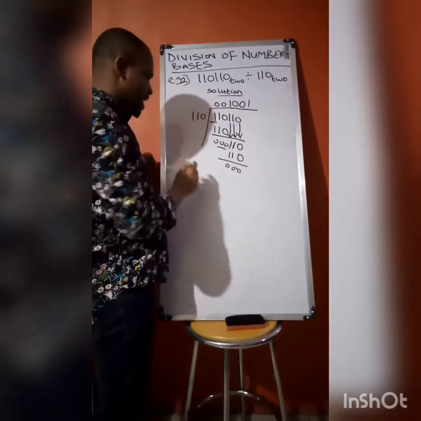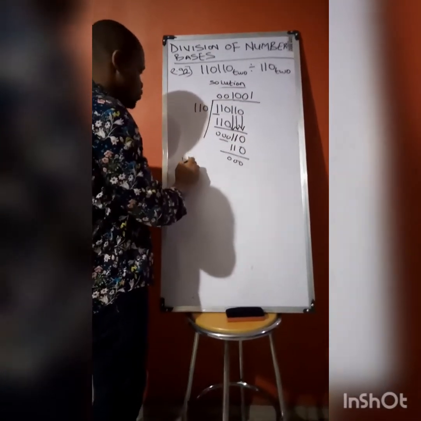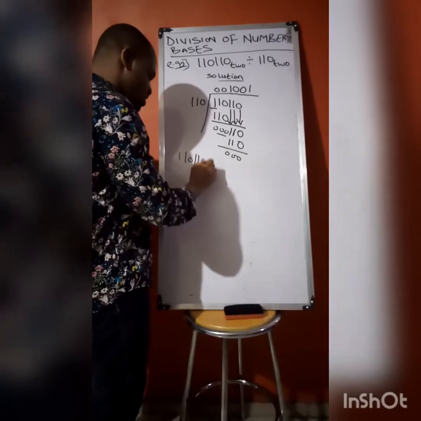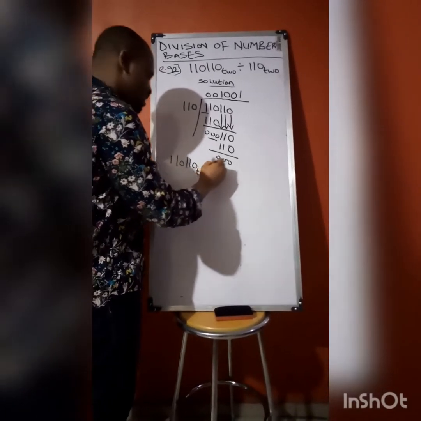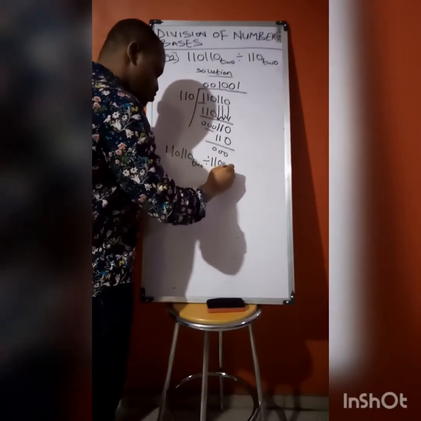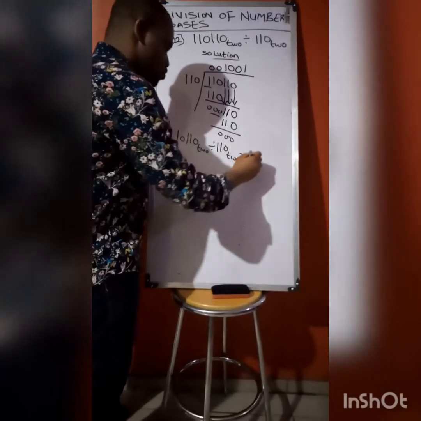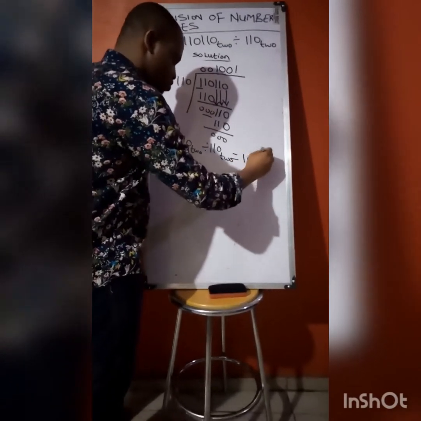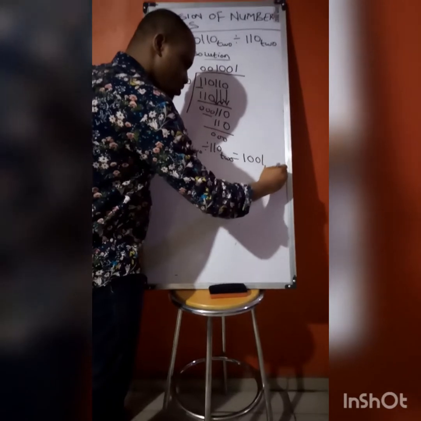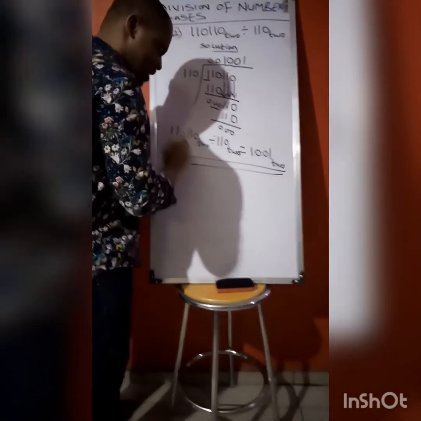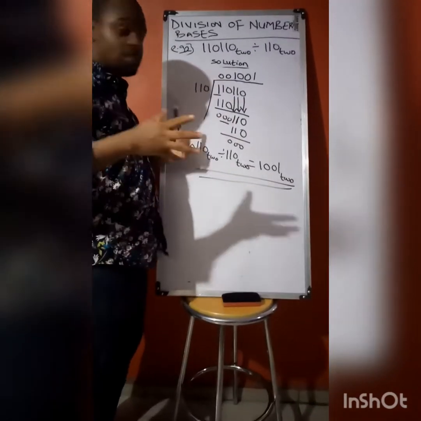So I hope this is clear enough. So our answer will be 110 base 2 divided by 110 base 2 is equal to 1001 base 2. This is our answer in base 2. I hope this is clear.